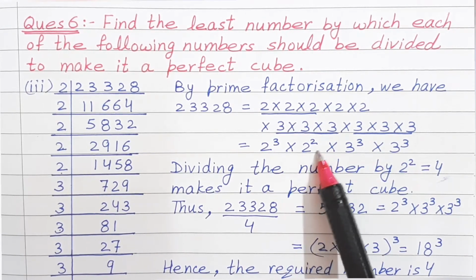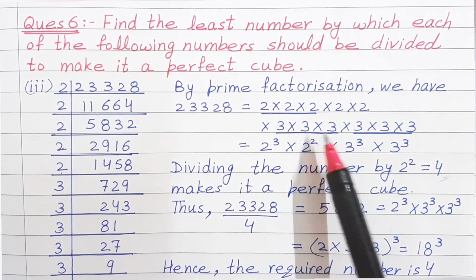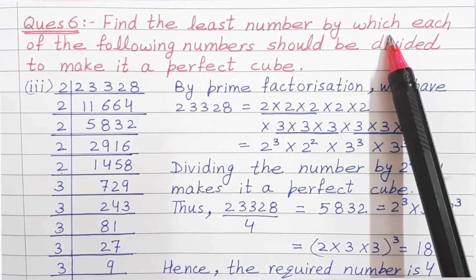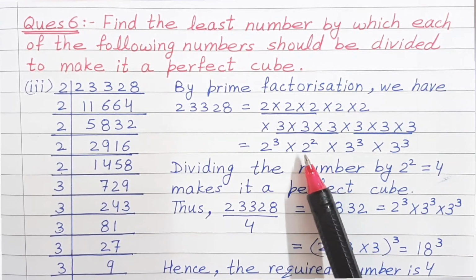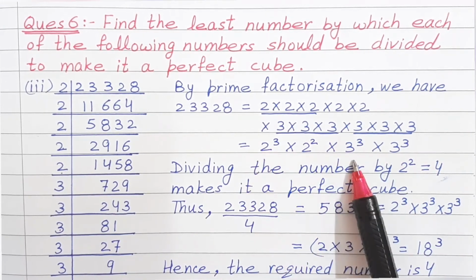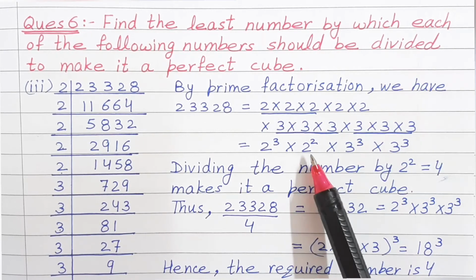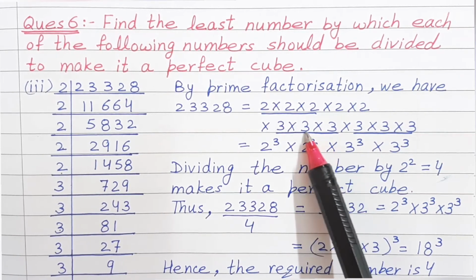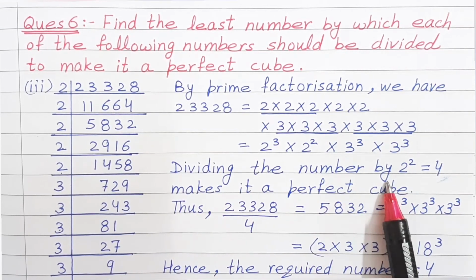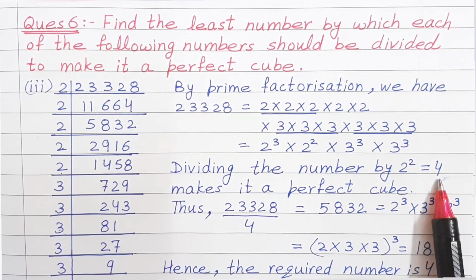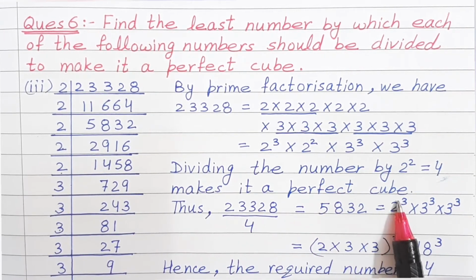You can see this 2 square is not in triplet form, right? So if instead of division we have to multiply, then I will take one more 2 here. I'll multiply the given number with 2. But here we need to divide, so I will remove this 2 square. So that means we will divide the given number by 2 square, that is 4, right? To make it a perfect cube.